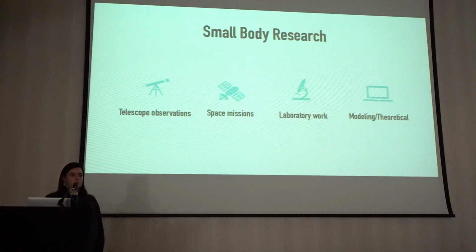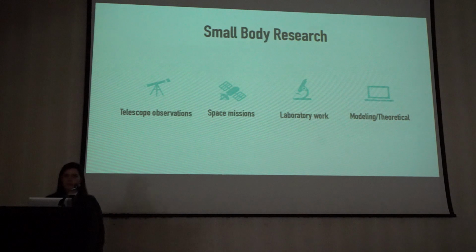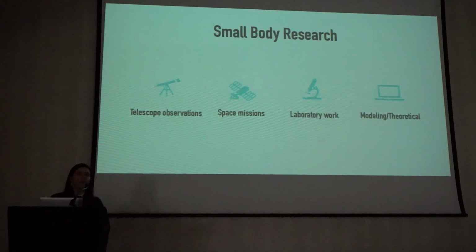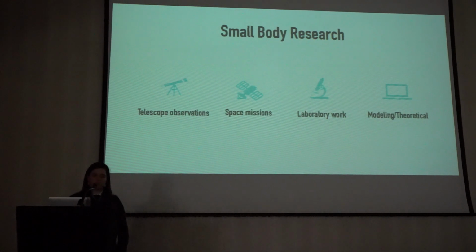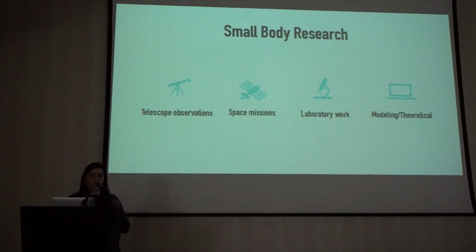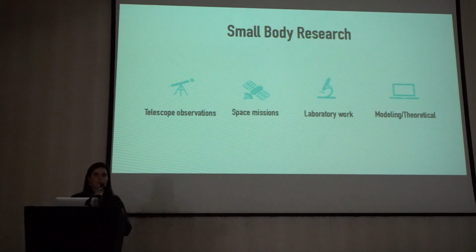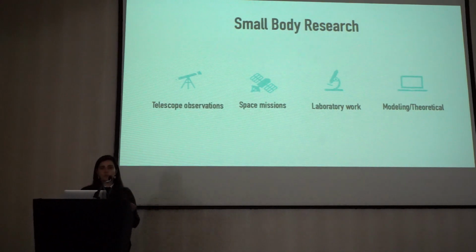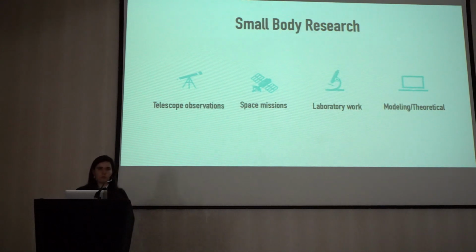And I will start up front with a bit of a disclaimer. So the small body research relies on four main methods, let's say. We rely on telescopic observations, in situ spacecraft studies, and also on laboratory work, modeling, and theoretical work.